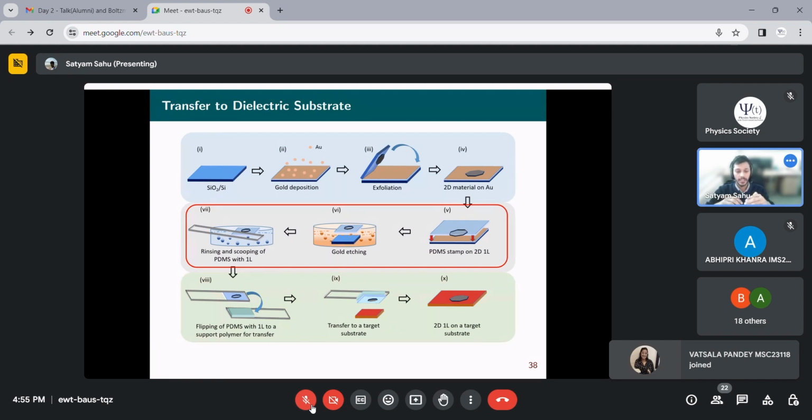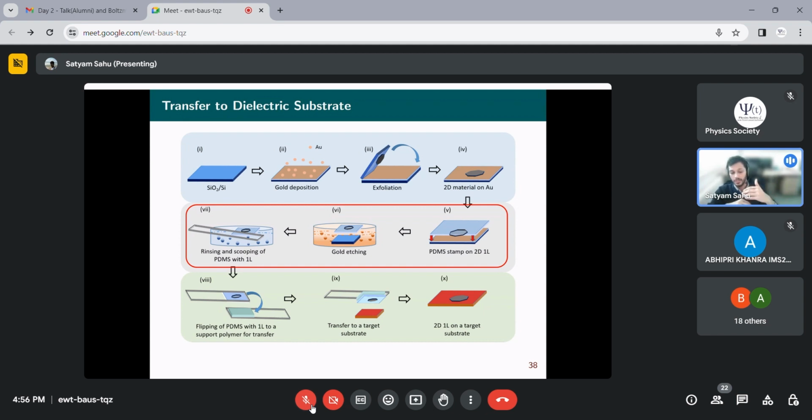So essentially, whatever flakes you had on gold will come to the polymer substrate, and the bottom substrate, which was the silicon substrate, will sit back at the bottom of the solution, and then you have the polymer floating on top of the solution with the flakes.